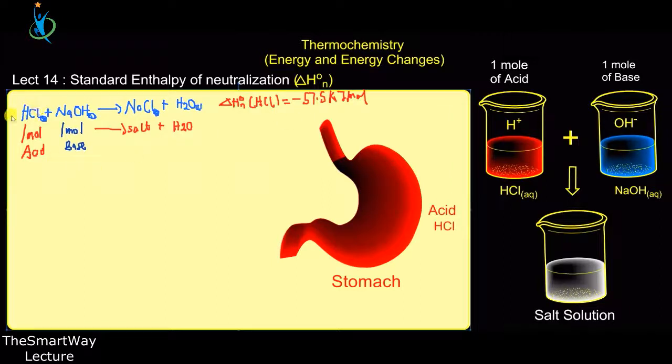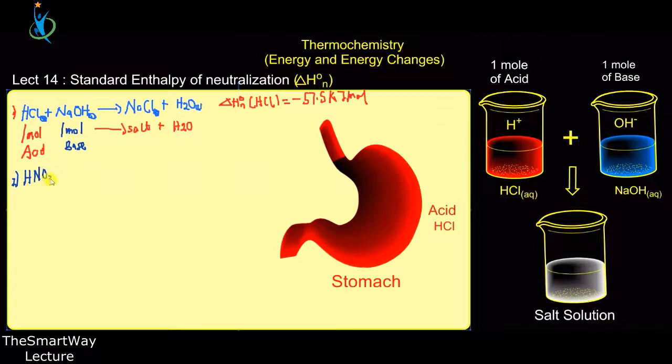Now again, let me give you another example. Let me take hydrogen nitrate. That is also an acid.